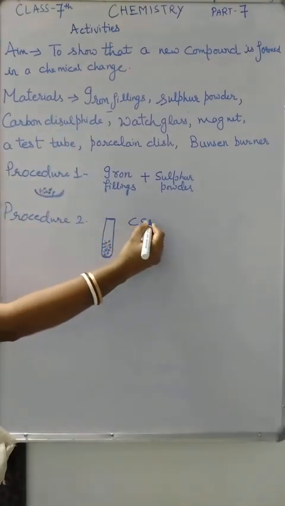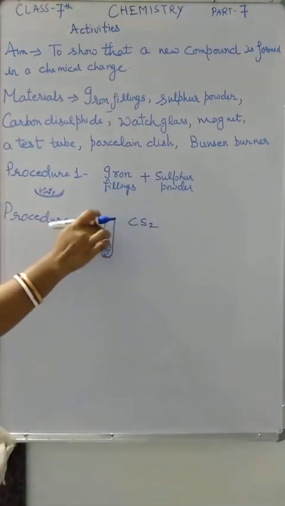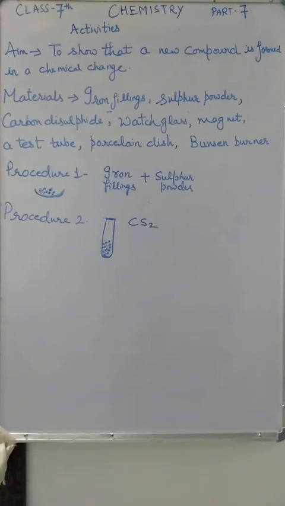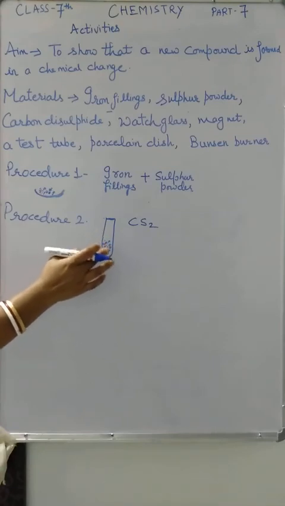CS2 is the formula of carbon disulfide. You have to add carbon disulfide solution in this. We will observe that the sulfur powder gets dissolved in carbon disulfide, but the iron filings do not dissolve.